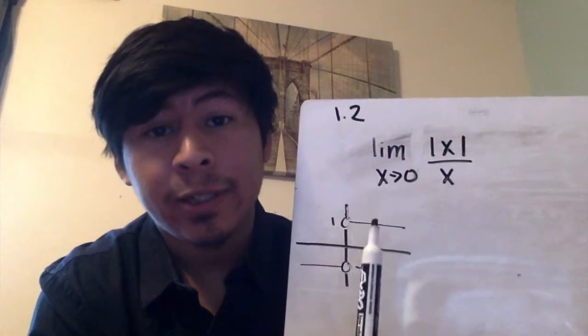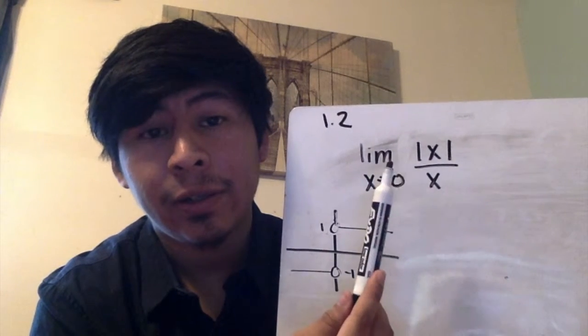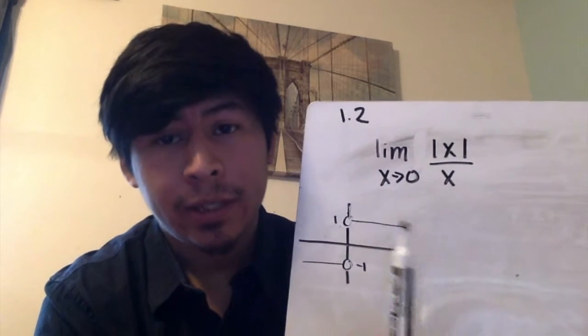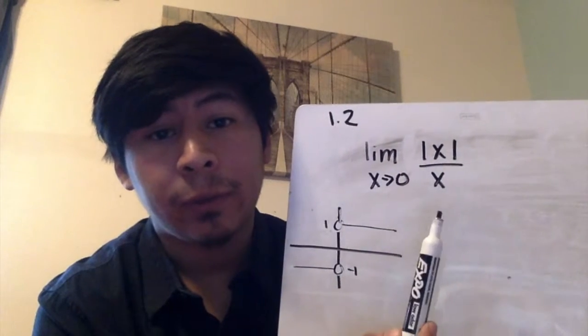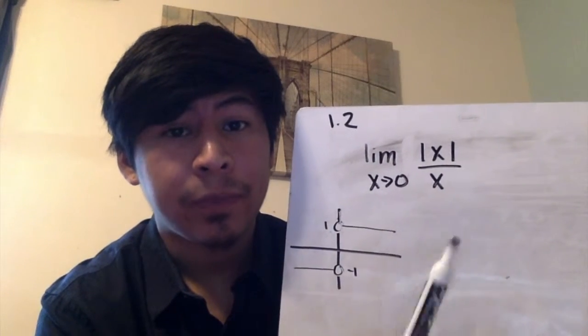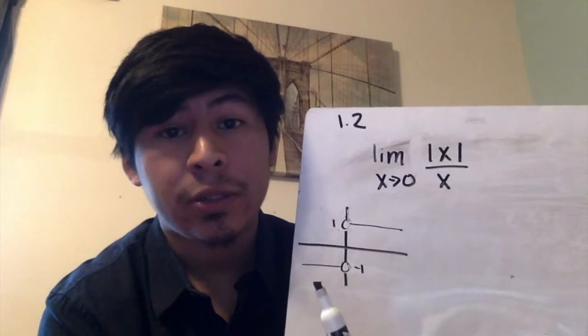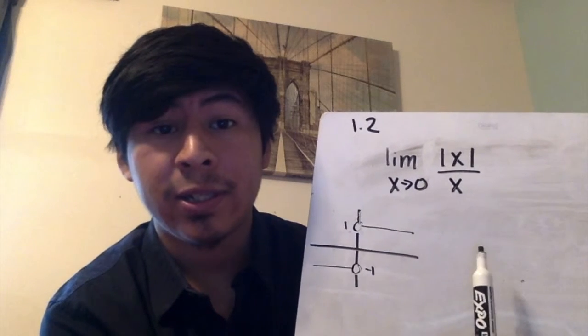So this is the limit as x approaches 0 of our f of x, the absolute value of x over x. Say we were to plug in 1. 1 over 1 is just 1. If we plugged in 2, 2 over 2 is just 1. So we get this constant line going across this side.